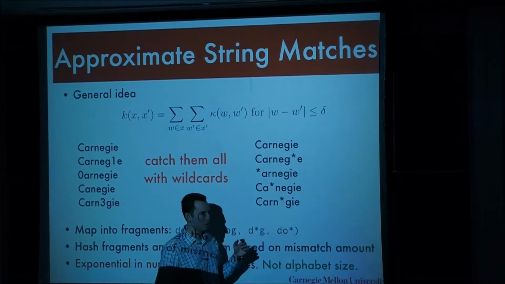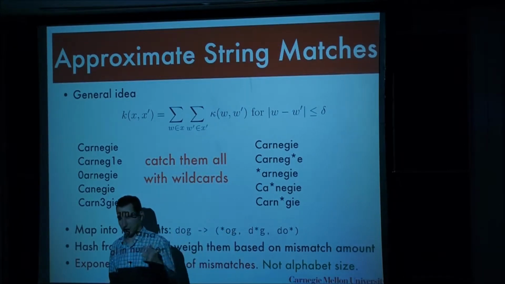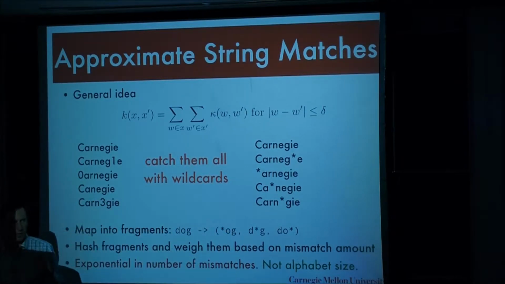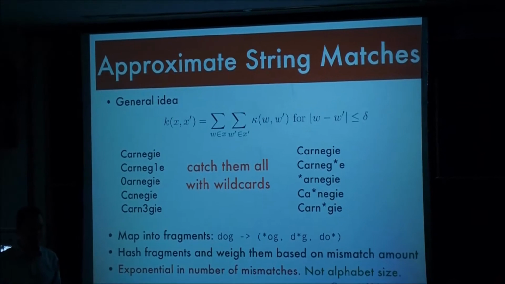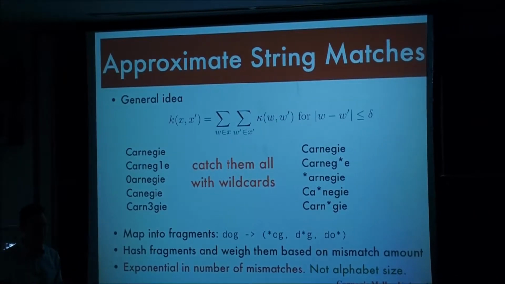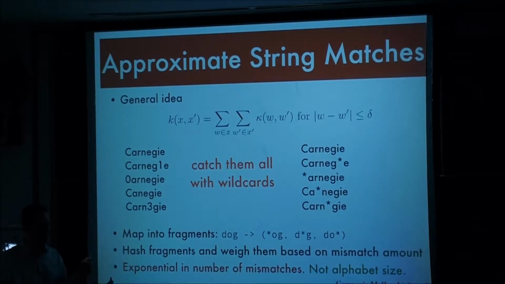It's not such a huge deal in bioinformatics. It only buys you 4 to a suitable power. But in documents, when you have 30 different characters, well, 30 to the third, 30 to the fourth is a big enough number that you will really care. But yes, you want to be reasonably effective in generating those substrings.